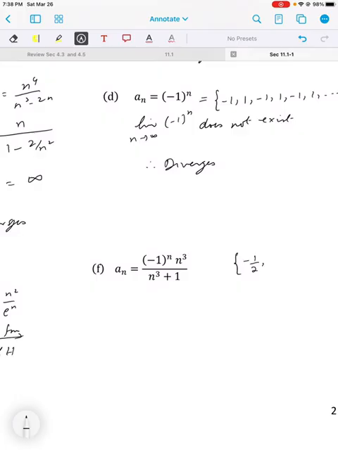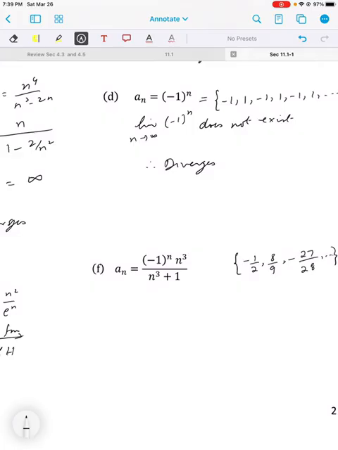When n is 2, we are getting positive 8 over 9. And then negative, so when n is 3, we are getting negative 27 over 28, and so on. Okay, so we are getting alternating numbers, so an alternating sequence.